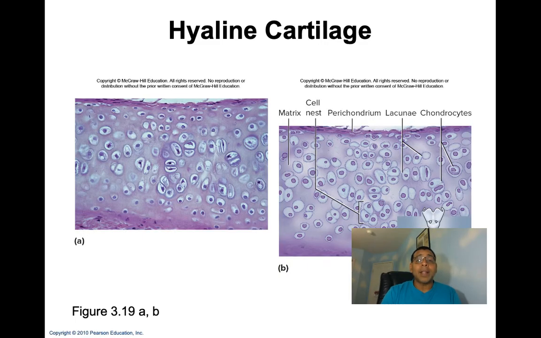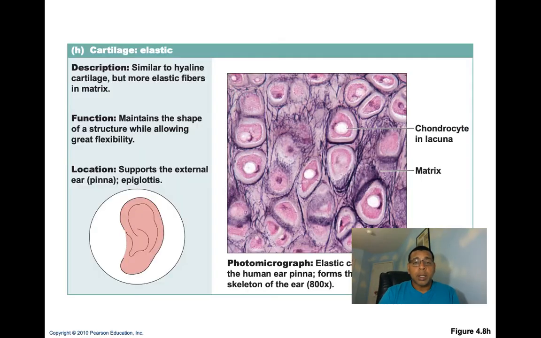Next one we have is elastic cartilage. Elastic cartilage is similar to hyaline cartilage. However, there are way more elastic fibers. The function of elastic cartilage is to maintain the shape of a structure while allowing great flexibility.